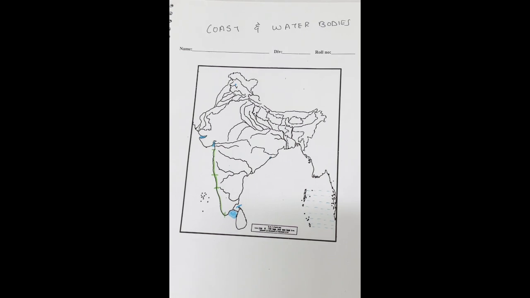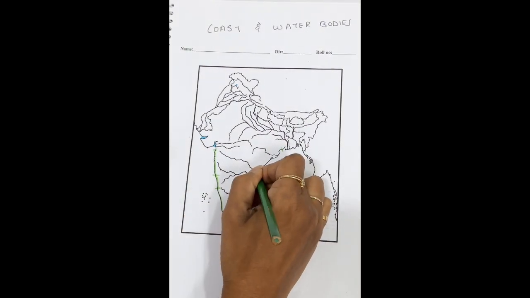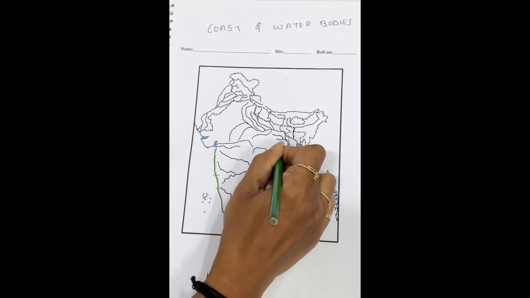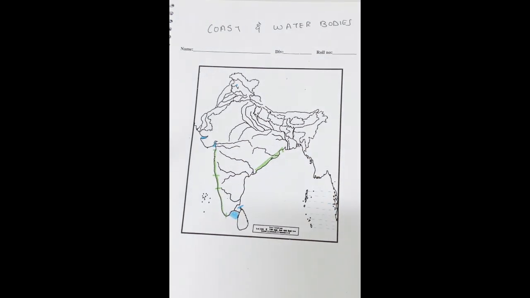So kids, when they say coast, mark a very single line. If they say coastal plain, like Konkan coastal plain, Kanara coastal plain, Malabar coastal plain, then we will mark little broad. On the eastern coast, we have from here till here Northern Sirkar.